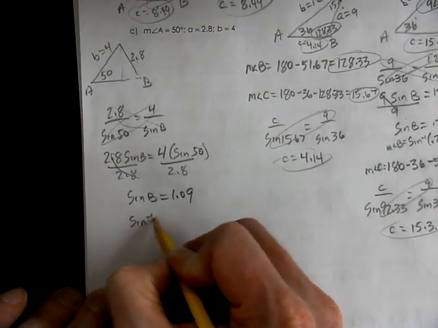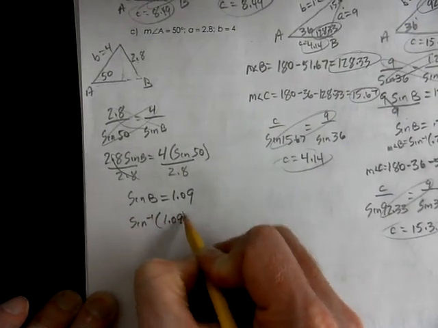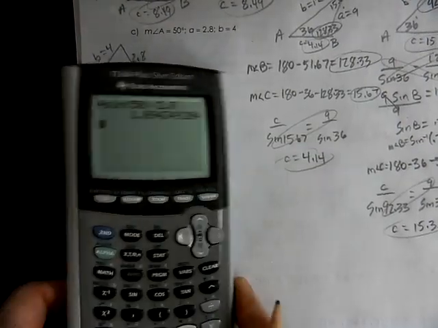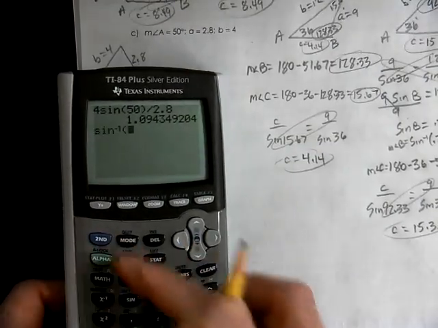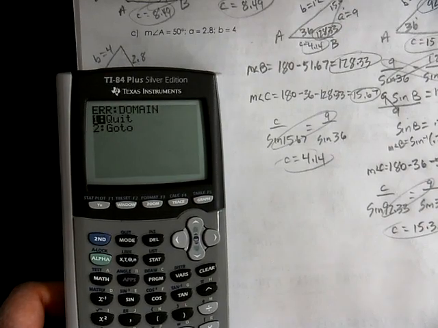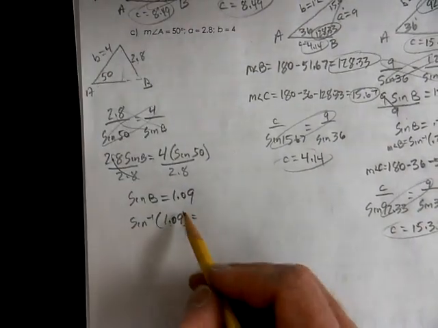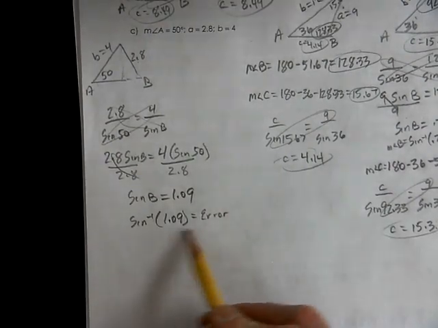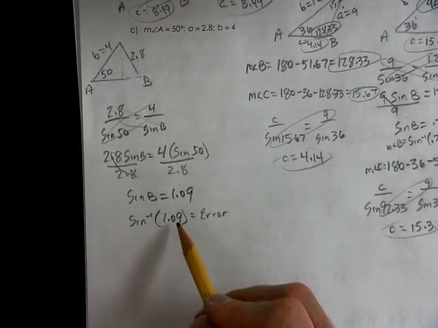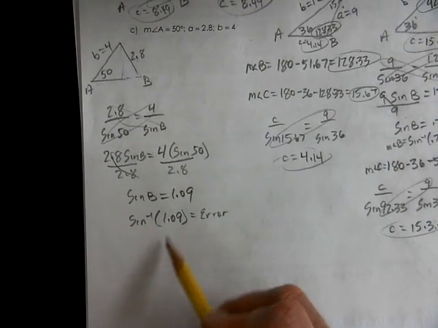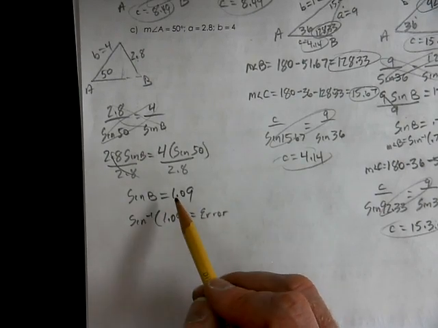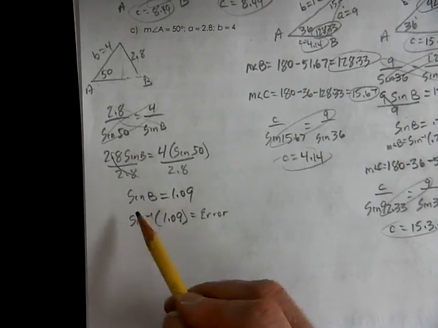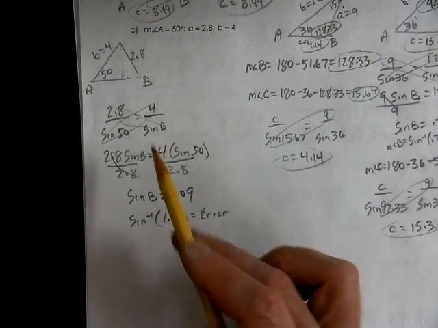If you just want to test it, you can do the inverse. Sine inverse, and you get an error. You can't have a sine greater than 1. On the unit circle, the y value cannot be more than 1. So if you get a calculation more than 1, that doesn't exist.